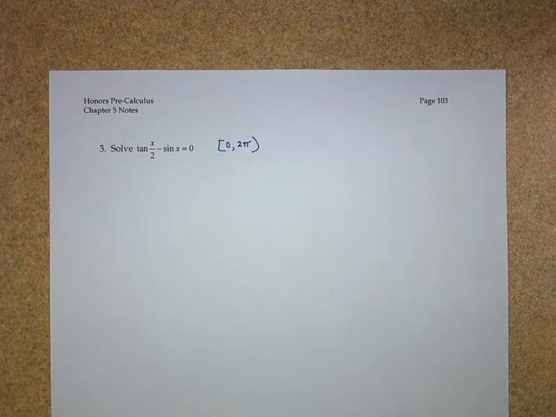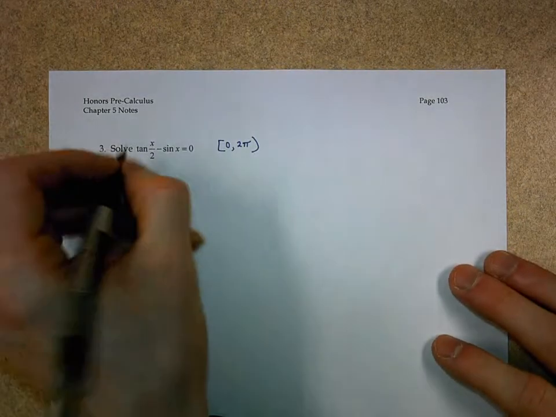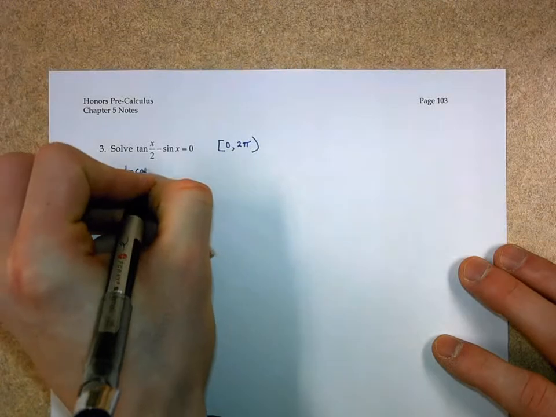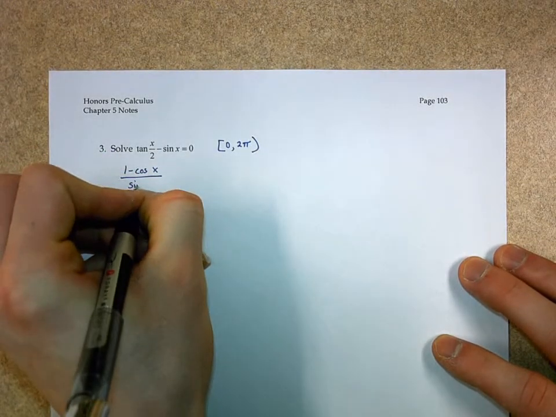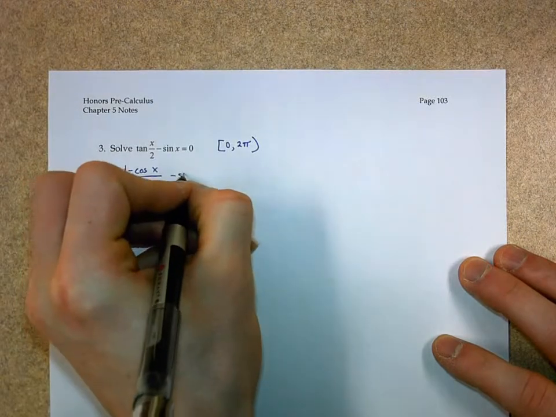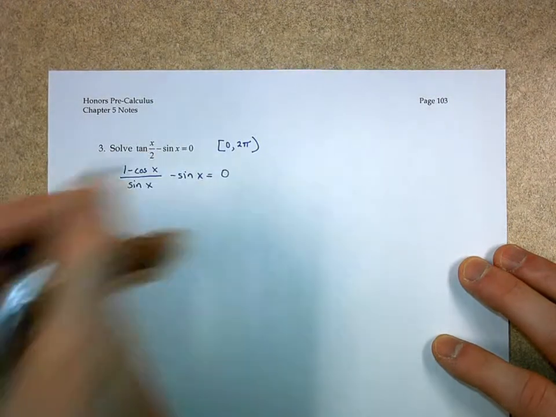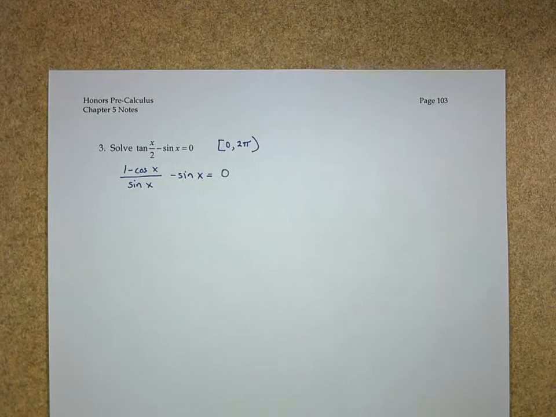You can find all your equations that are the half angle identities. And the half angle identity for tangent is 1 minus the cosine of x over the sine of x. So we'll start by using our half angle identity and simplifying by substituting in.